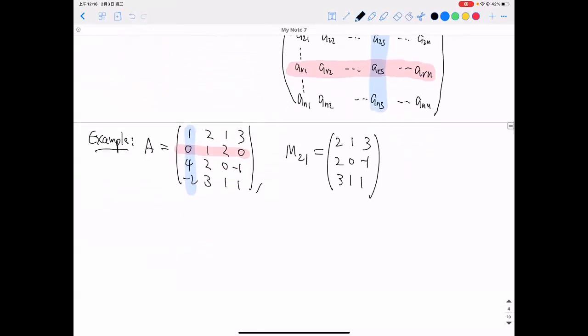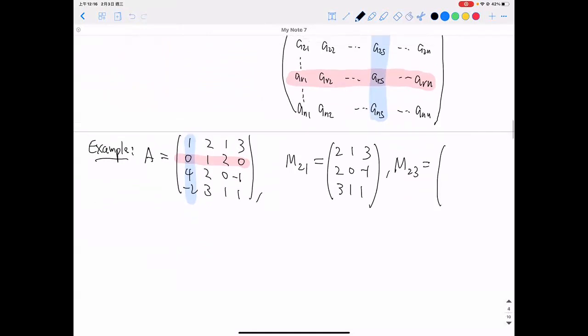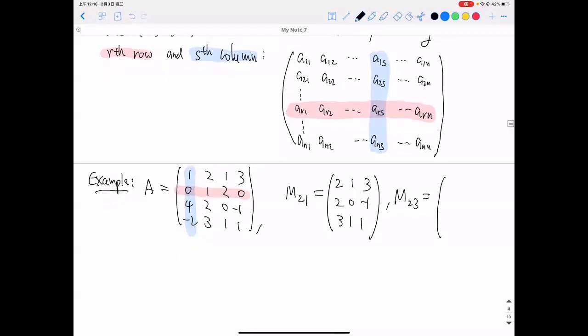Now, let's do a couple more examples. M23. Now this is not so easy.